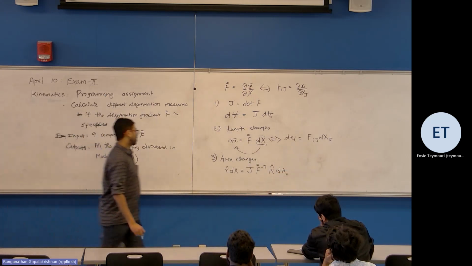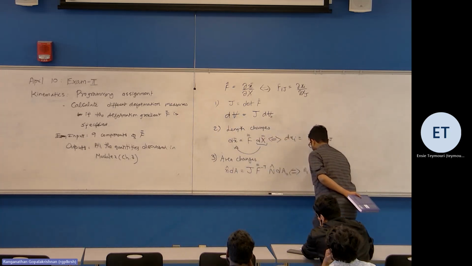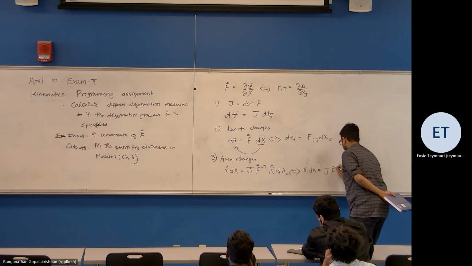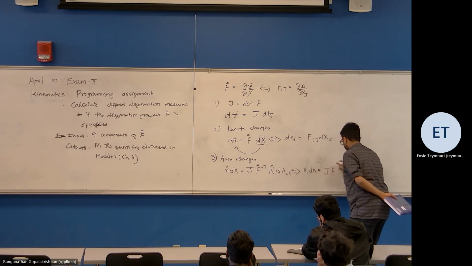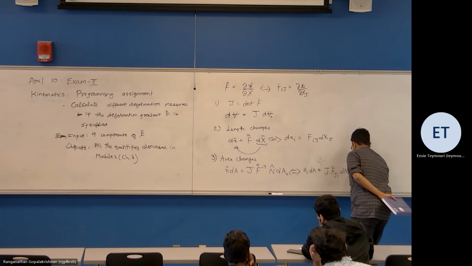Or another way of writing this, ni dA is equal to J Fji inverse times Nj dA naught.